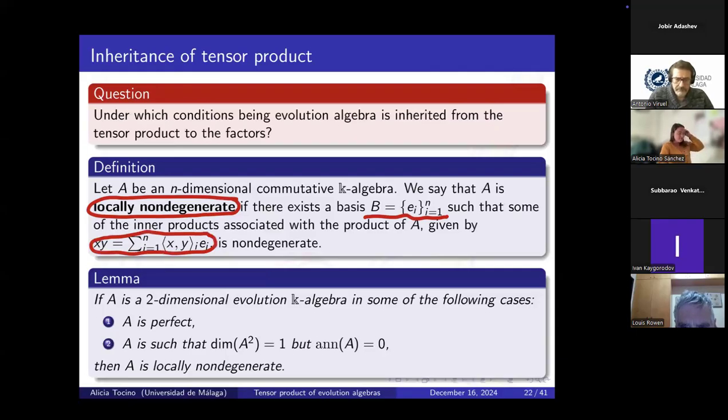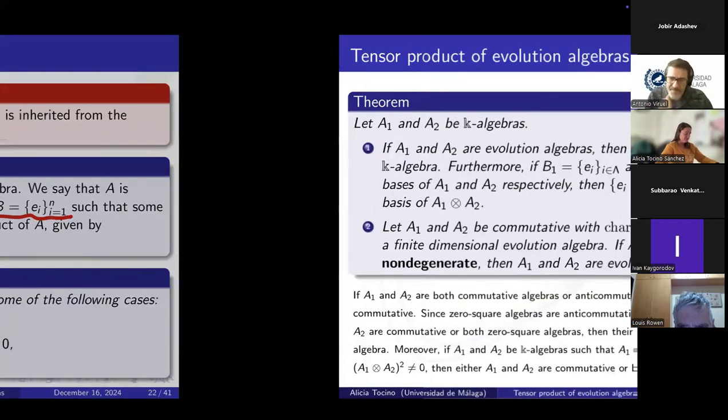Since we are going to focus on two-dimensional or four-dimensional evolution algebras, if we have a two-dimensional evolution algebra that is perfect, that is, whose dimension of A square is 1 but the annihilator is 0, then these are locally non-degenerate. This will be useful in our classification.